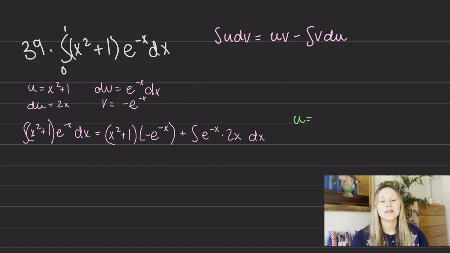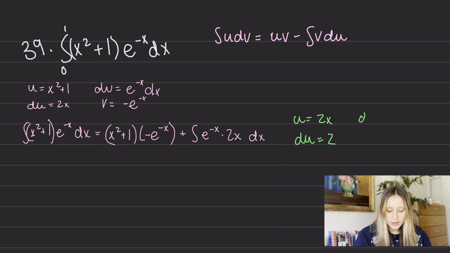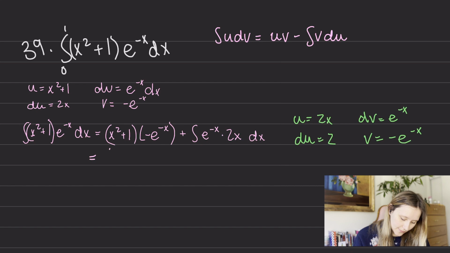Because the green u's are going to be different than the pink u's because we're dealing with a different problem here. So then we get dv, which is going to be e to the minus x, and v equals minus e to the minus x. I'm going to rewrite this and write out our new problem.